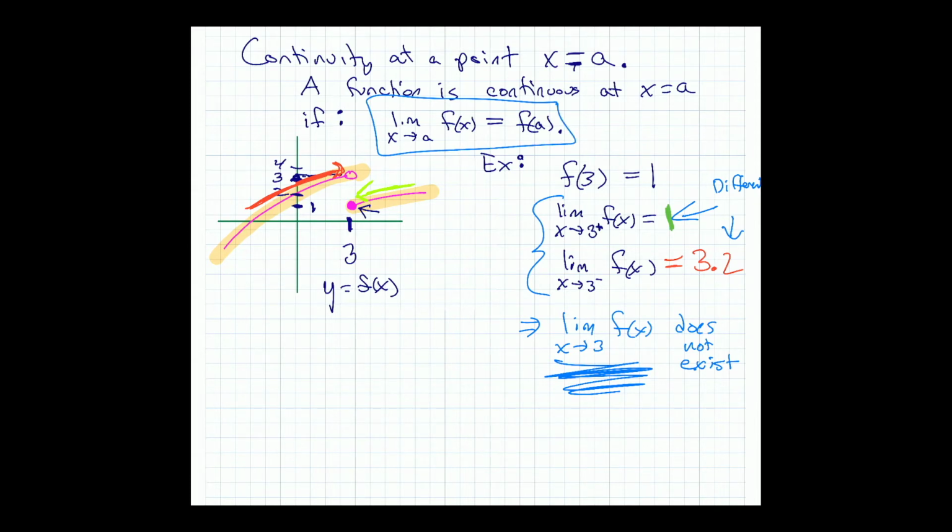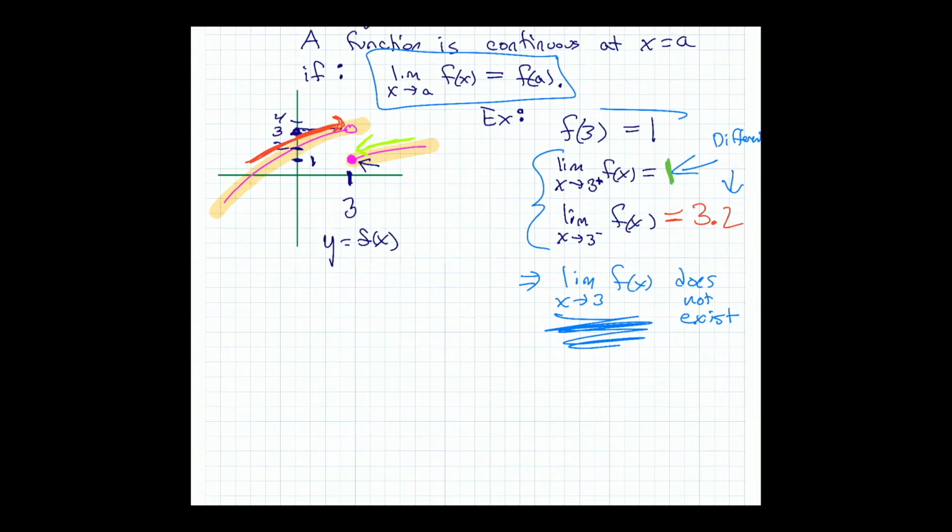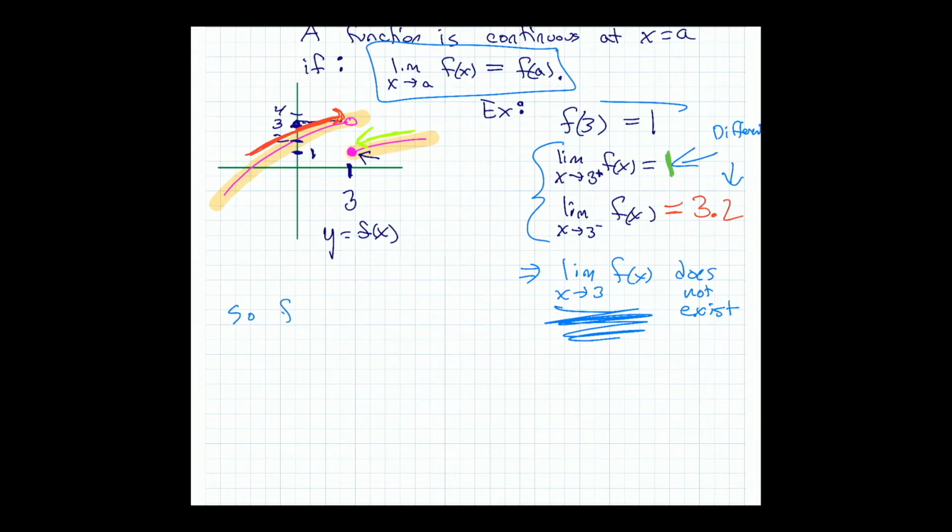Well, f of a in this case is 1, right? So let me just summarize it here. So f of 3 equals 1, and the limit as x approaches 3 of f of x does not exist.